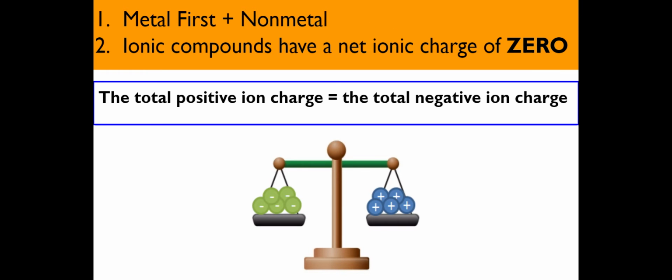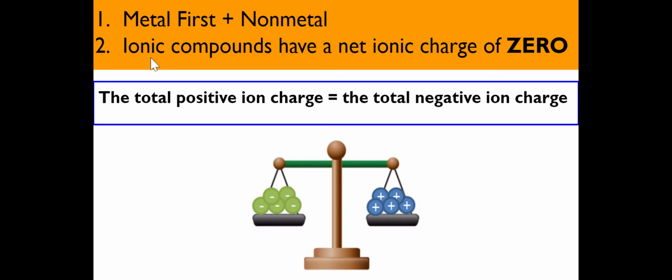Okay, and when we write a formula, in chemistry, we use the element symbols to write the ionic compound. When we write any formula, we always write the metal first and then the non-metal after.